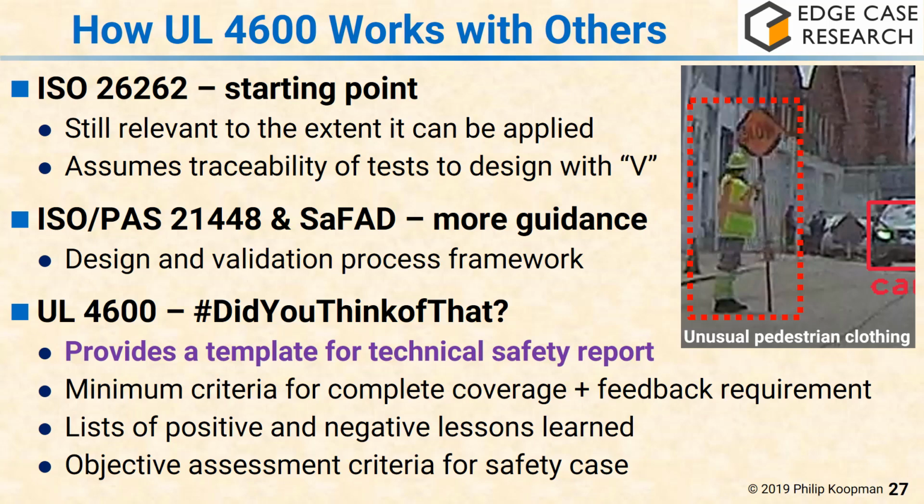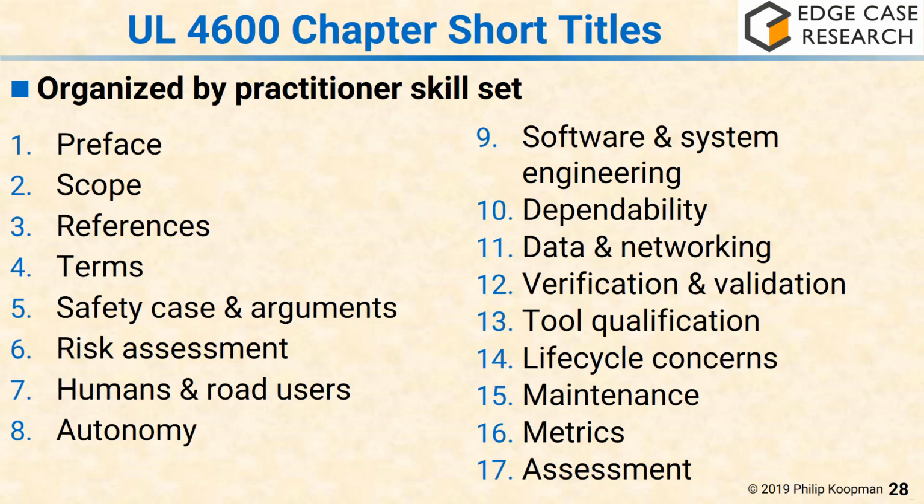It gives you lists of positive and negative lessons learned that over time can incorporate lessons learned from the environment and from deployment, so every car company doesn't have to learn the lesson the hard way themselves. And it gives you an objective, we hope, repeatable assessment criteria for a safety case. Now, ultimately, the team owns safety, but you have these checks and balances to make sure that everyone has a safety case that's up to snuff for the standard.